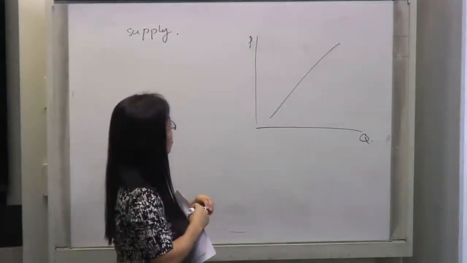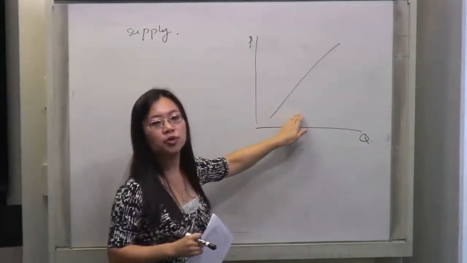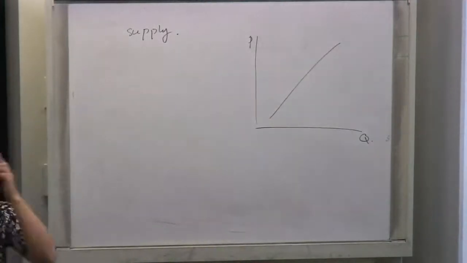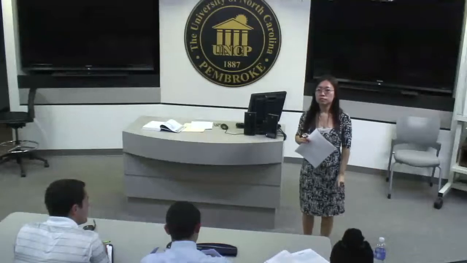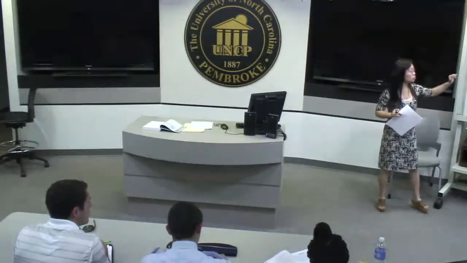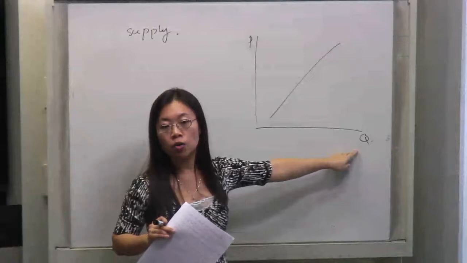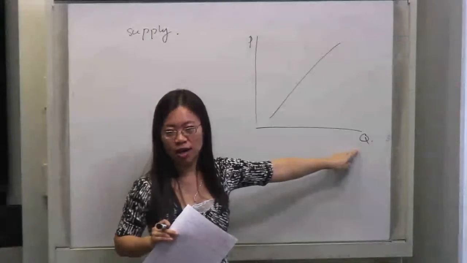So how do we define the supply curve? As the quantity goes up, the price goes up. It describes the relationship between price and what? Quantity supplied.